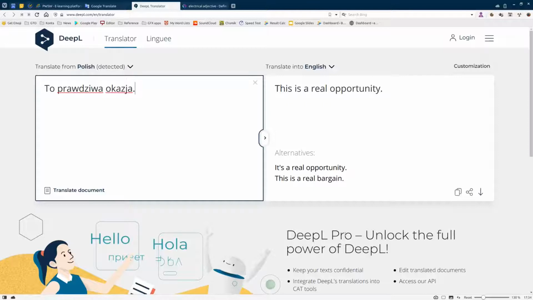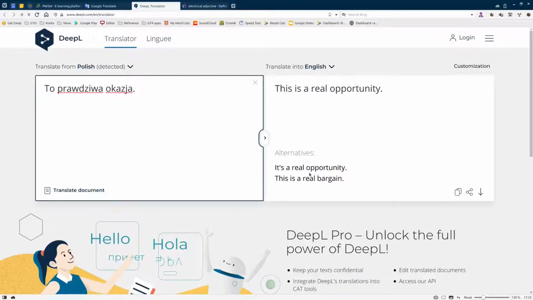In other contexts, you wouldn't say prawdziwa okazja. You would say, of course, you would use the word okazja, but nie przegap tej okazji, right? For example, don't miss this opportunity. Yes, but if you say to prawdziwa okazja, you normally mean something that you can buy, I think.